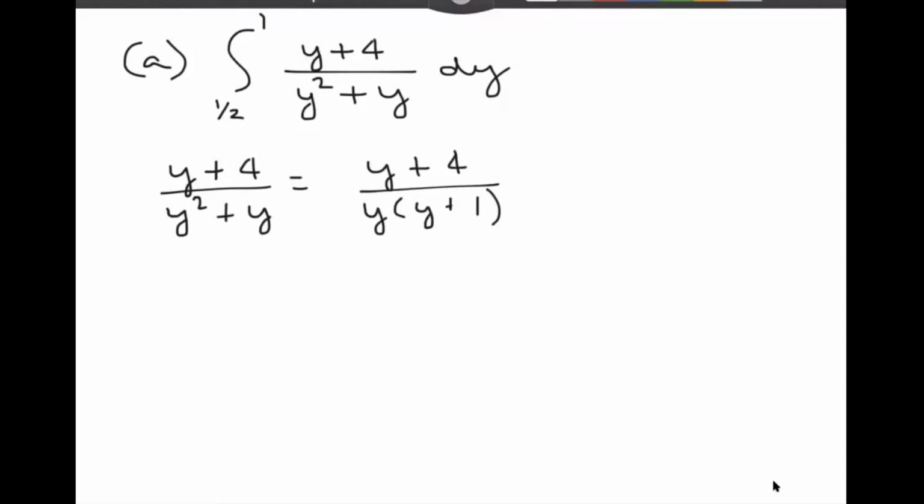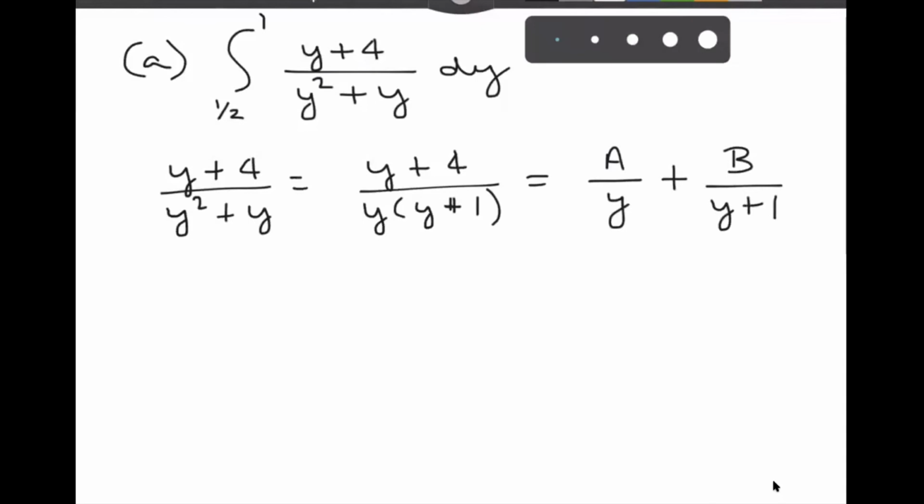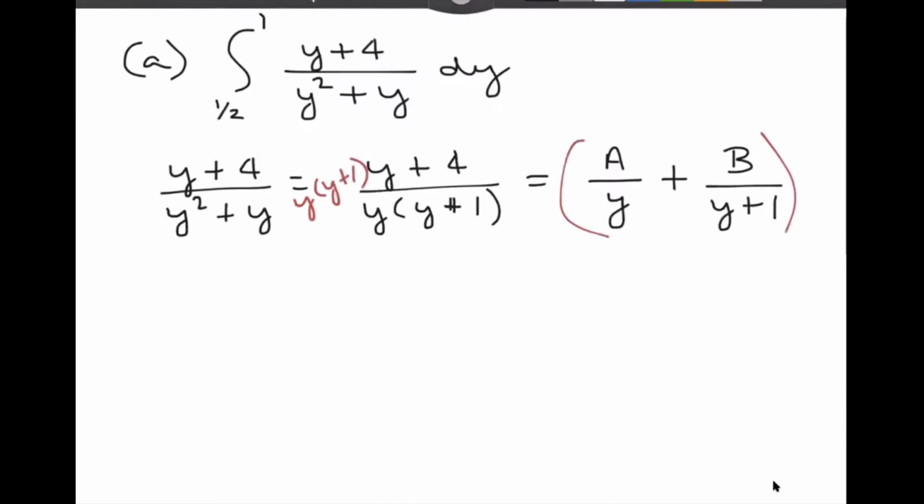Those are 2 distinct linear factors. So what I need to do now is find the mystery numbers A and B that make (y plus 4) over y times (y plus 1) equal to A over y plus B over (y plus 1). The first thing I'm going to do is multiply both sides of that equation by y times (y plus 1), to get rid of the fractions.